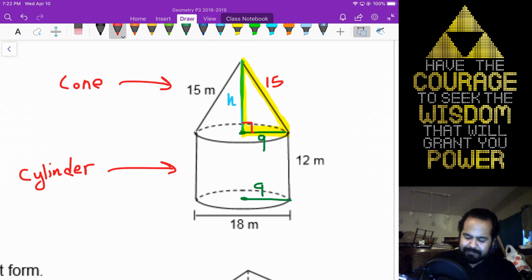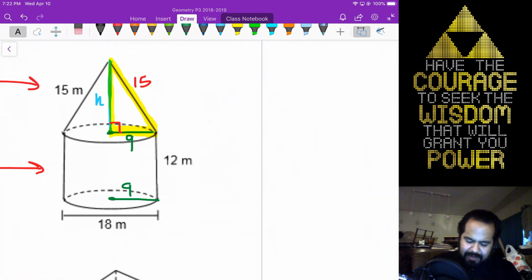So let's go ahead and do that. I've got room over here, so I'm going to do it here. If you need to go off to the other side of the page, that's fine. So we're going to say h squared plus 9 squared equals 15 squared.